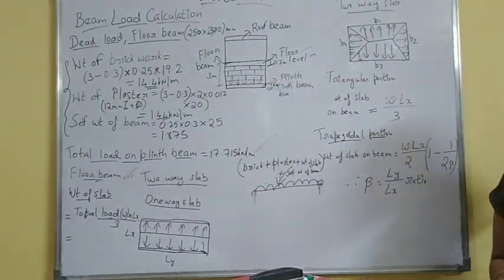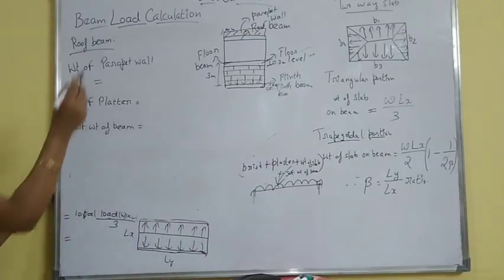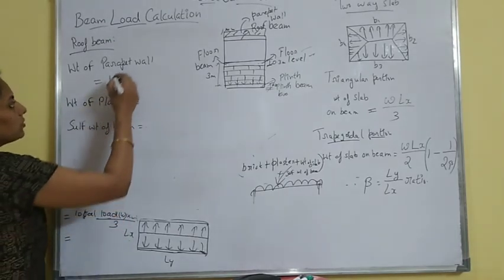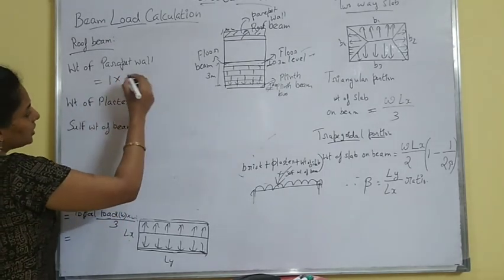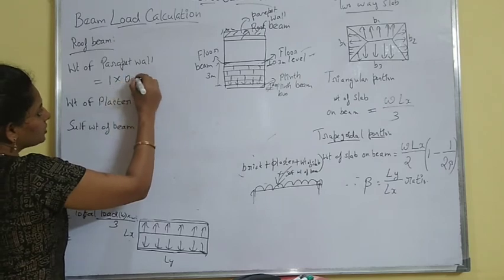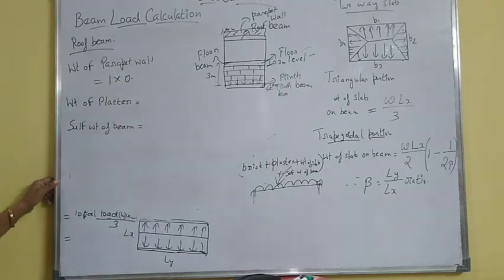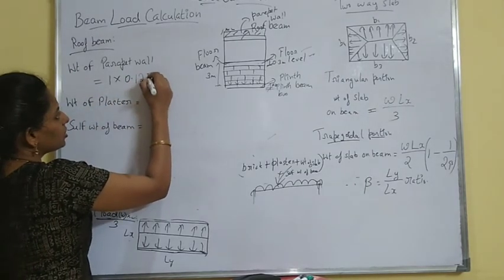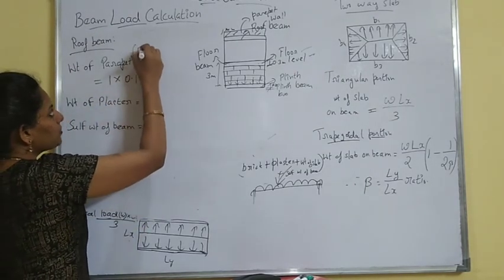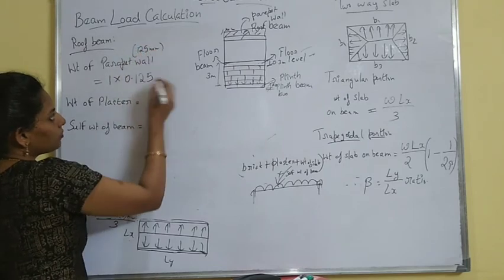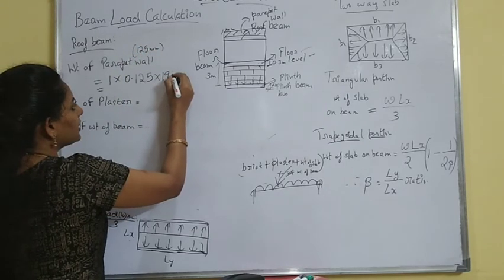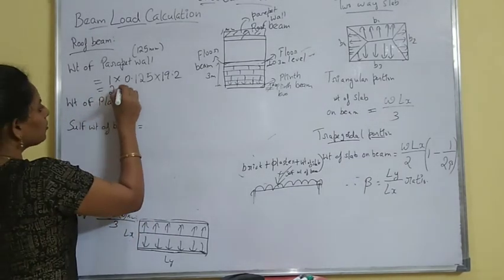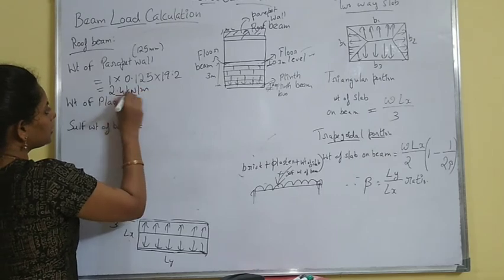Suppose you are considering a roof beam, and it is a 1 meter parapet wall, so 1 into the thickness of the parapet wall, that you can take as 0.125, the partition wall thickness, so 125 mm thickness of wall, 0.125, into 19.2, that is 2.4 kilonewton per meter.